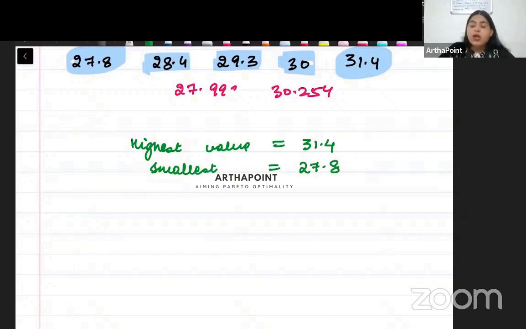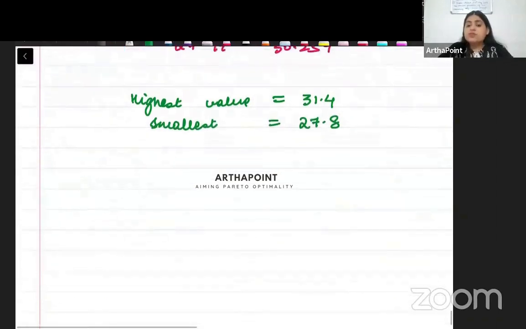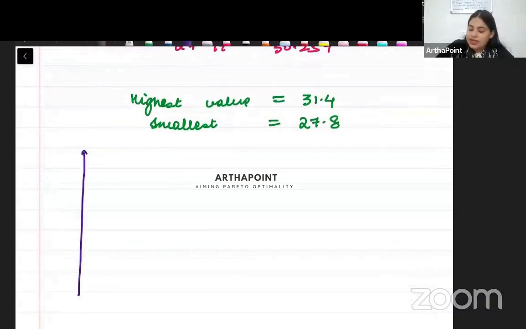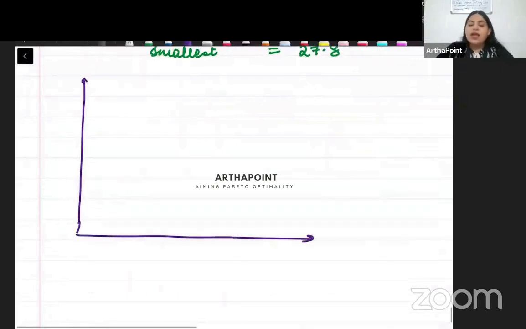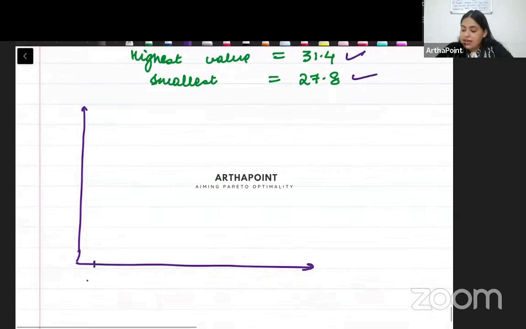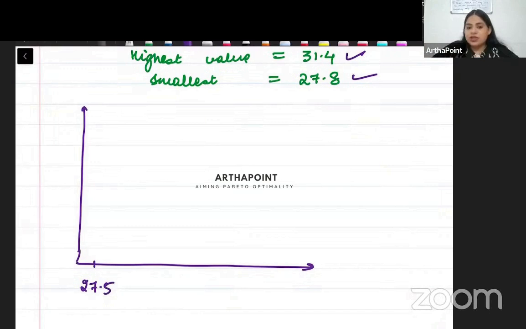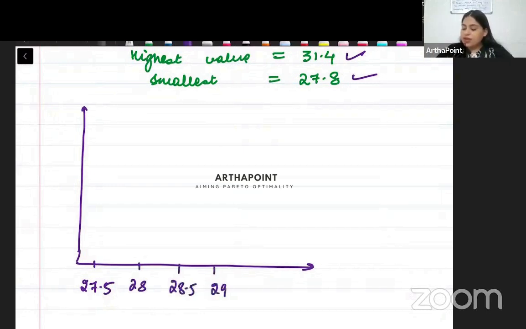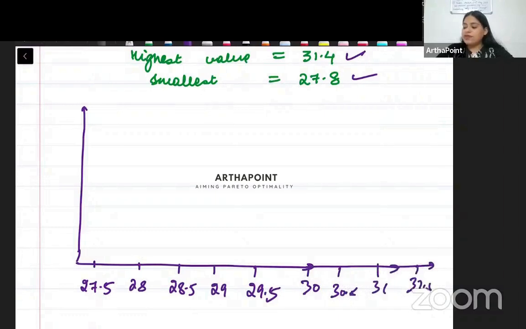I can make equal or unequal intervals. By equal, I mean that I will divide my entire data set in some intervals which include these values also. So for example, I can start from 27.5 and I can take an interval of 0.5 each. So I can go to 28, 28.5, 29, 29.5, 30, 30.5, 31, and 31.5, something like this.